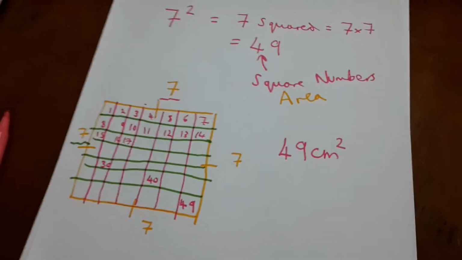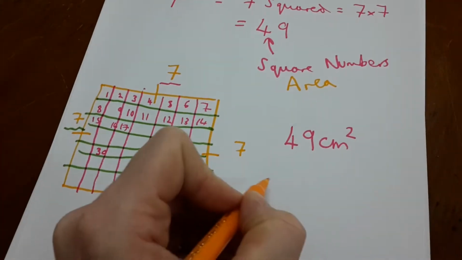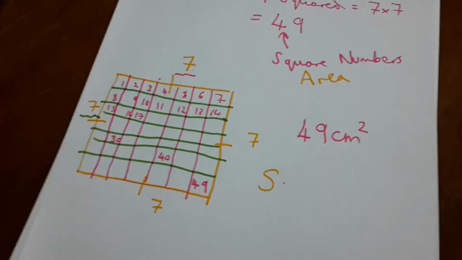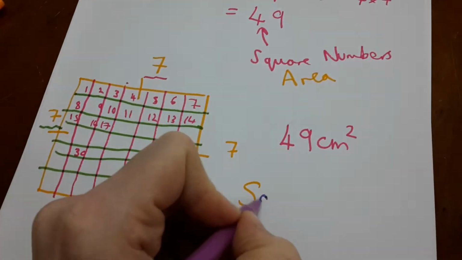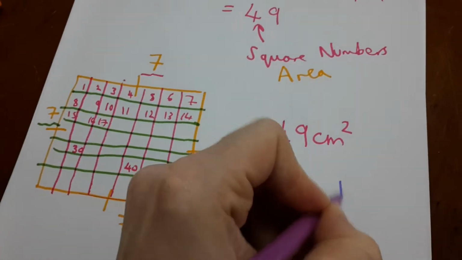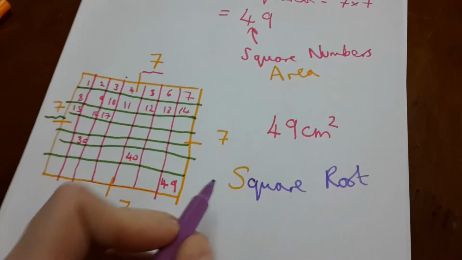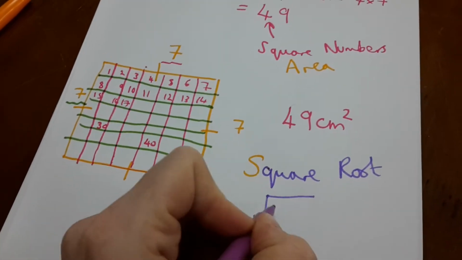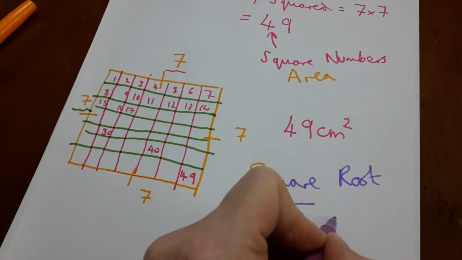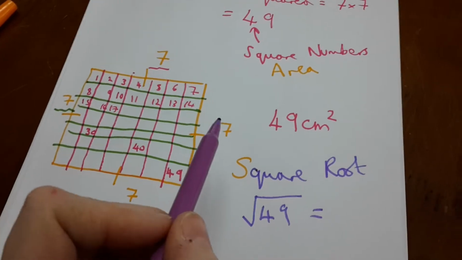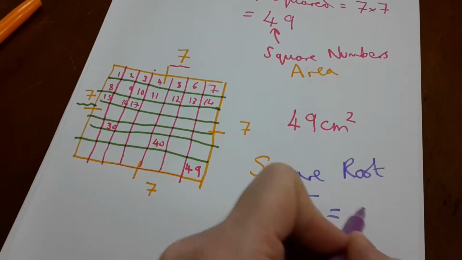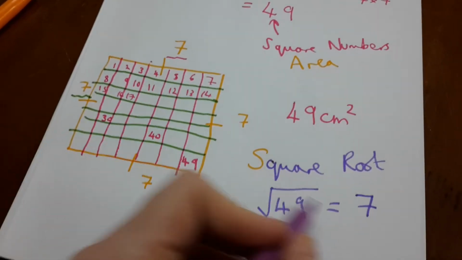The inverse of that, which means the opposite way around, would be the square root. So for instance, if you had the square root of 49, that means what number is multiplied by itself to make 49, which we know is 7.